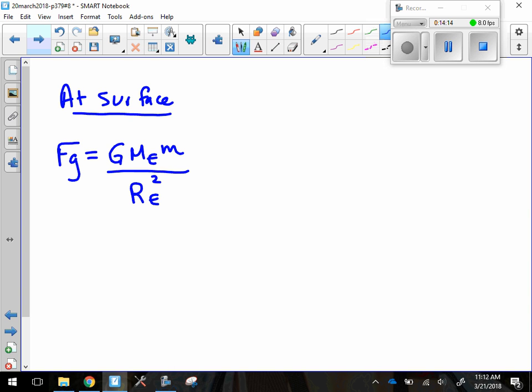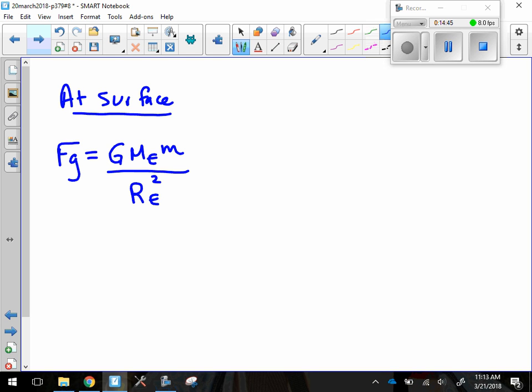So as an object travels deeper into the Earth, what's going to happen to the force of gravity? Why do you think it's going to increase? So what variable up here is changing as you get closer to the center of the Earth?